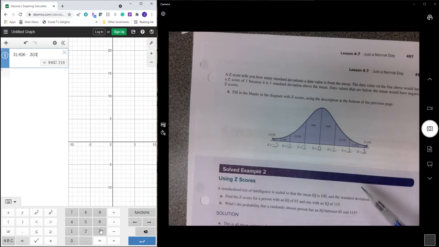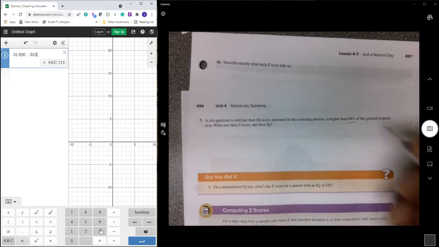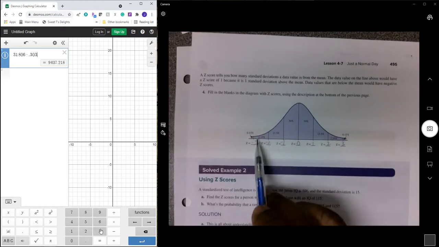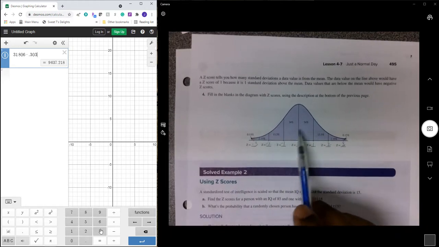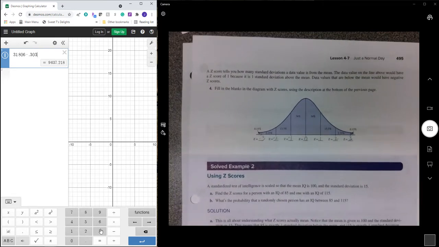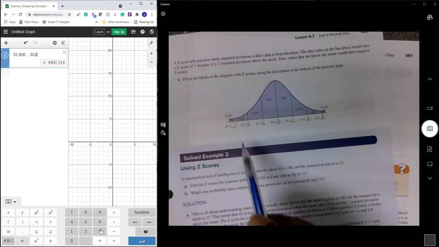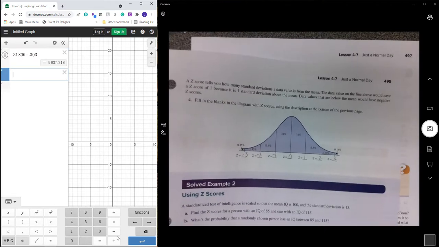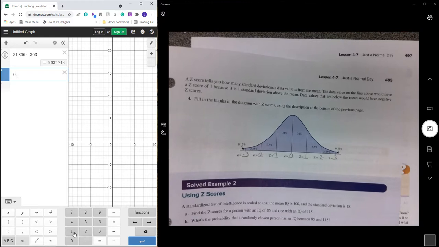So we need to add up these percentages. Now they said it's higher than 84%. So what we would do is start here and go until we hit about 84%. Let me put this in decimals. So we had 0.15.